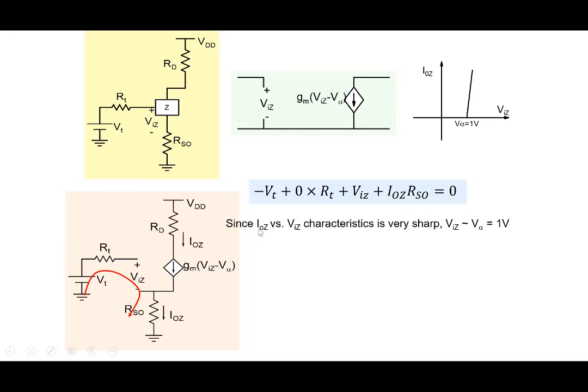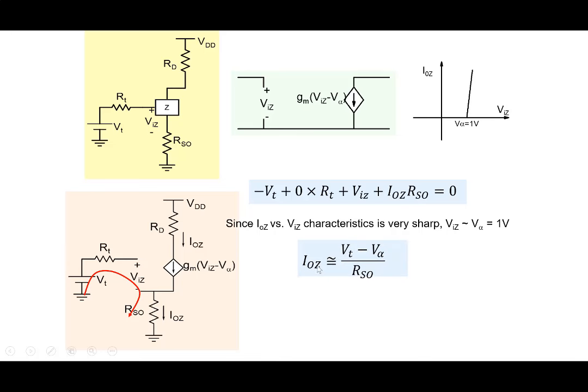And note that since the I0 versus Viz characteristic is very sharp, although Viz will differ from V alpha, because it's very sharp, as an approximation, Viz will be almost equal to V alpha here. Just like when we take a diode with an exponential characteristic, it's very sharp. We know that the diode voltage changes, but we take the diode voltage equal to 0.7 or so. So in this case, we are taking Viz equal to V alpha equal to 1 volt here.